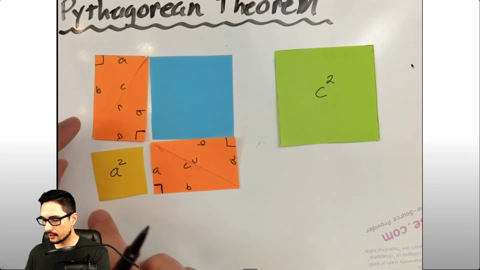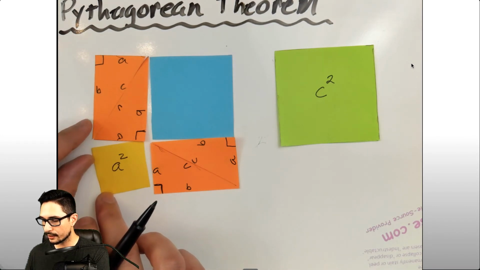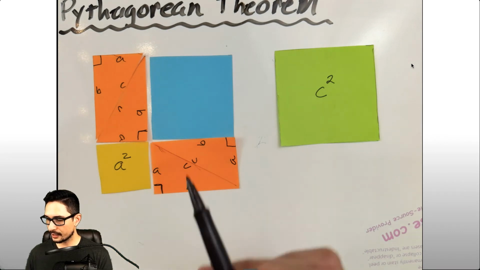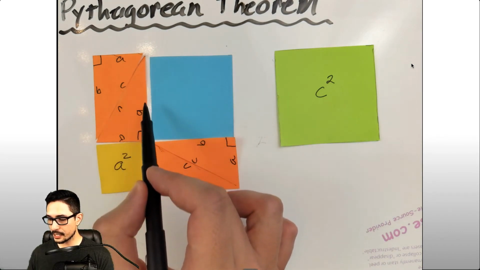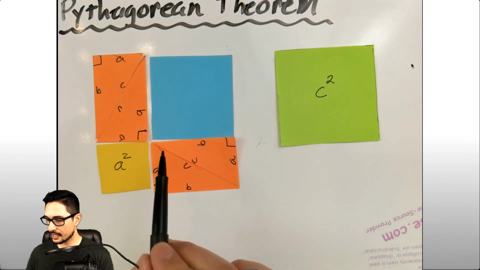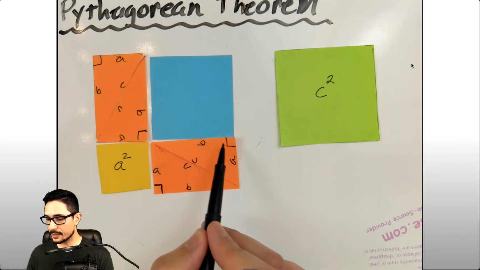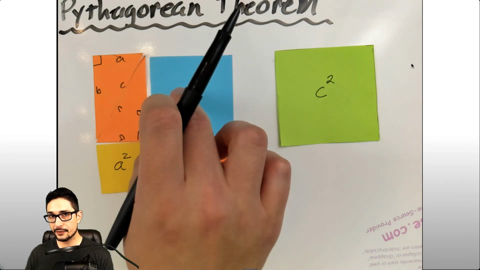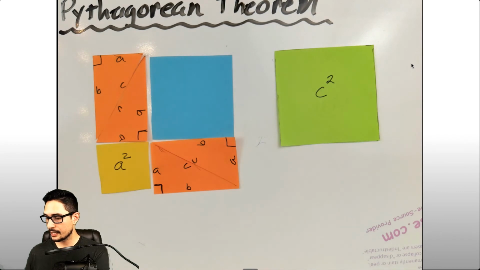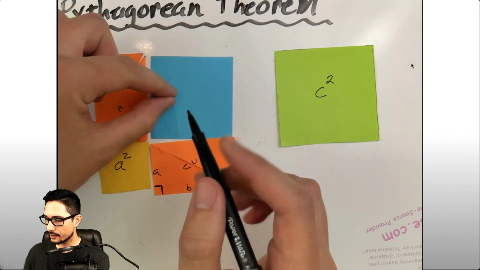And then if I look at that blue square, this side has a length of b, and this side has a length of b. The area of this blue square is b squared.